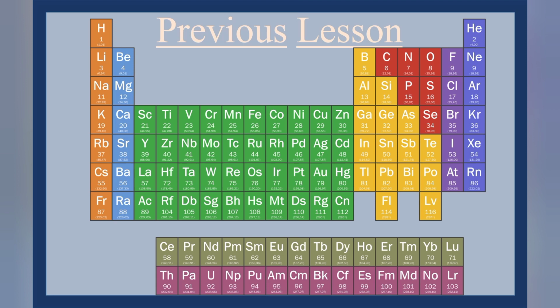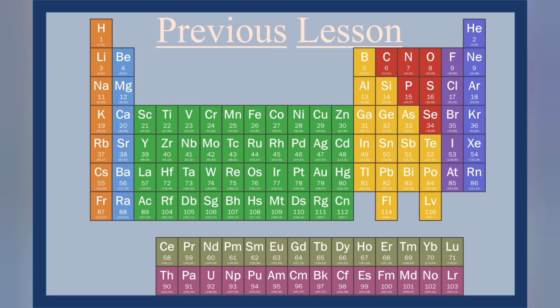In the previous class we came to know that there are 118 elements in our surroundings, and among these 118 elements, 98 elements are completely natural, and the rest of the 20 elements are man-made.